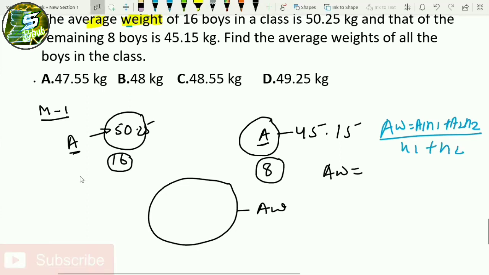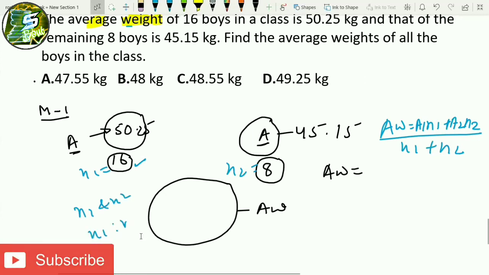If I directly take N1 equal to 16 and N2 equal to 8, you will have to multiply by 16 and by 8, which makes the calculations difficult. So I said, always remember N1 and N2, take the ratio.